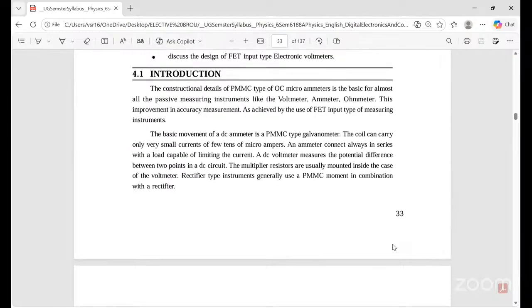So let me go for the introduction of this portion. That is the constructional details.